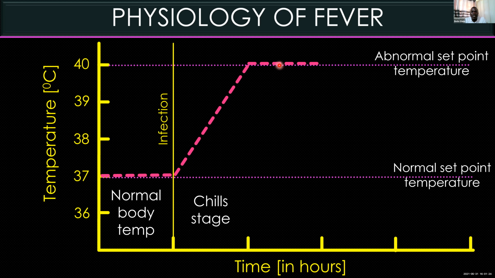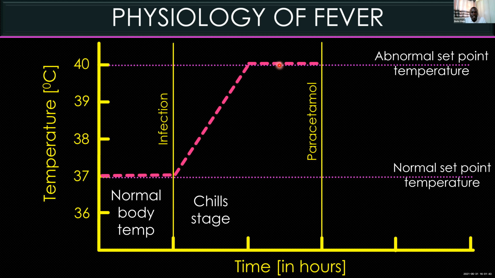Let's assume that lasts for some time. But in the course of events, you realize this person is actually sick for some reason. So usually what we do when you discover that, maybe they have gone to hospital or self-medication, we administer paracetamol.